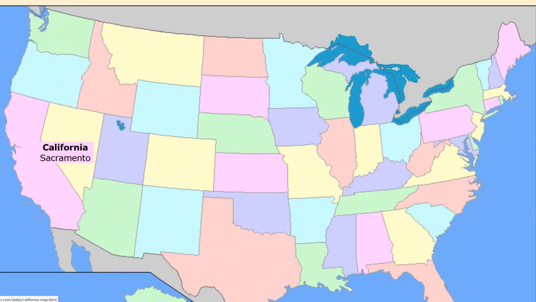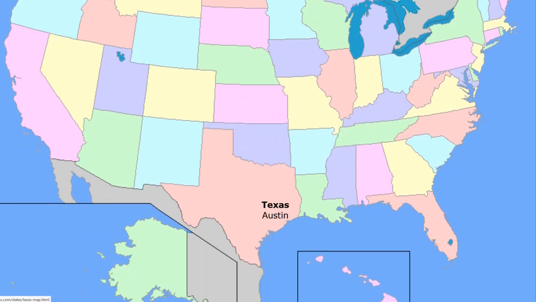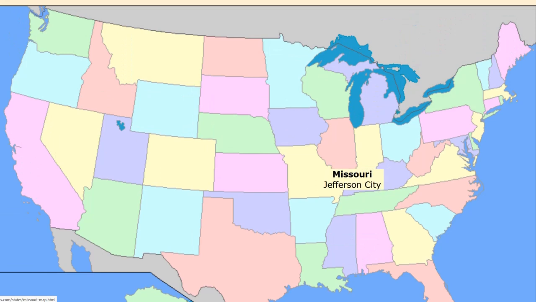But if you put those three states together, they can form a set, but that set is still a subset of the United States. You see that? That's the language mathematicians use. I just want you to understand that. Use what you know to visualize it. Texas is a subset of the United States.